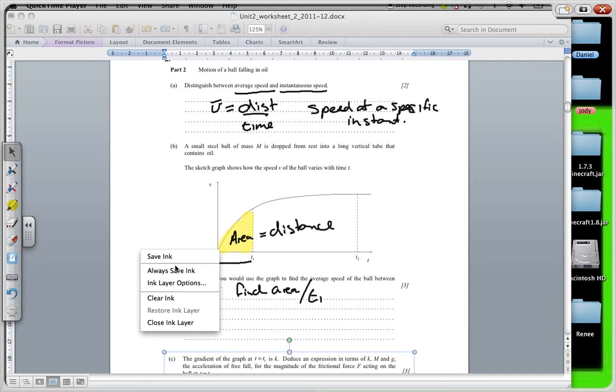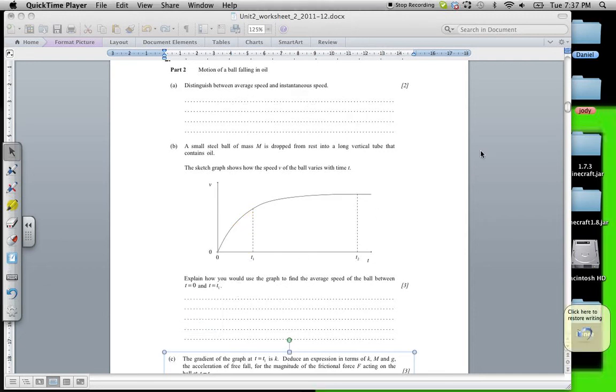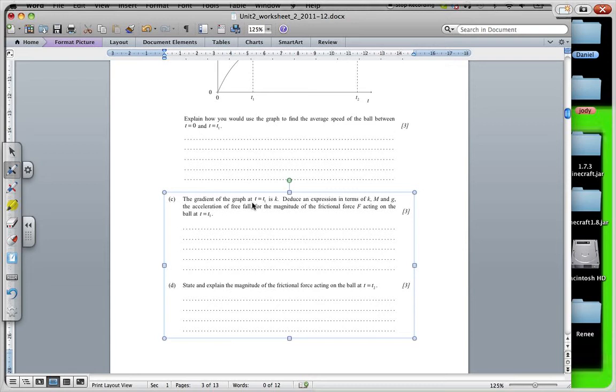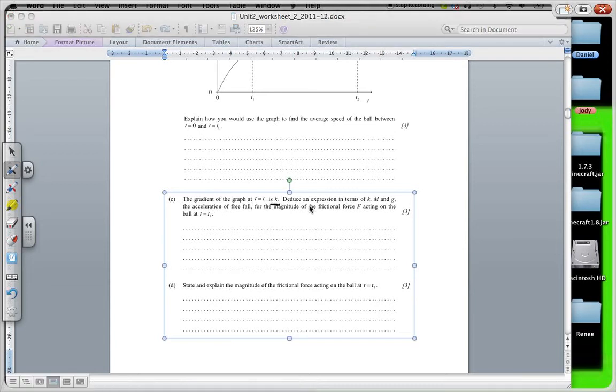Good. So let's go on to the next question. We're going down to C, and it says the gradient of the graph at time t equals t1 is k. Deduce an expression in terms of k, m, and g, the acceleration of free fall, for the magnitude of the frictional force F acting on the ball at time t equals t1.